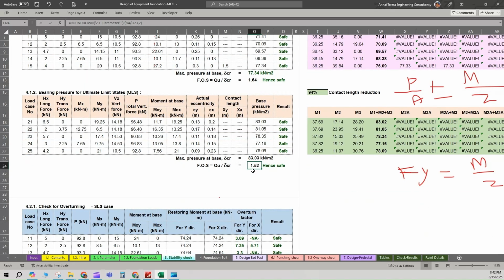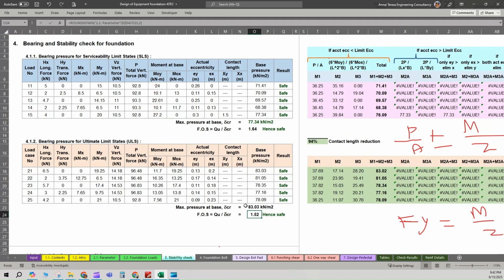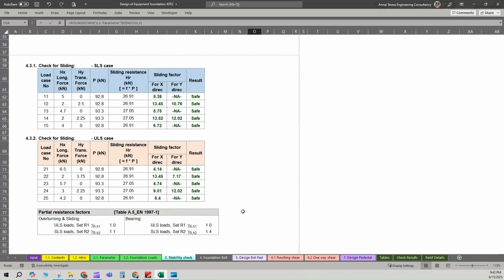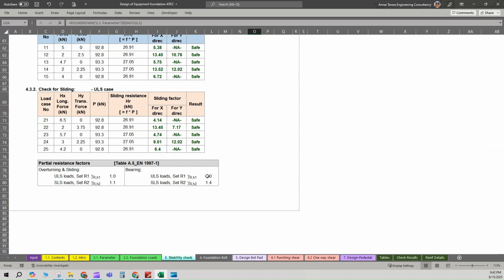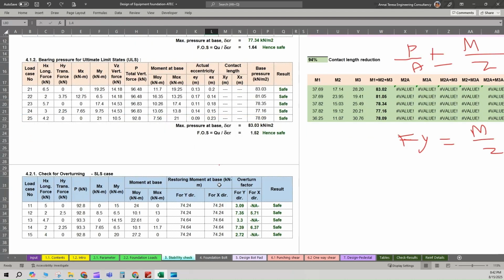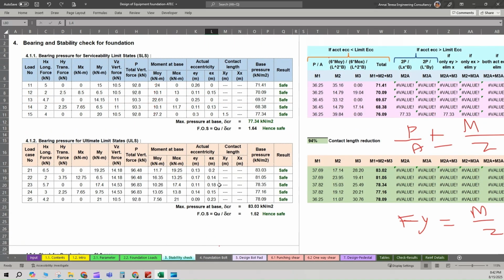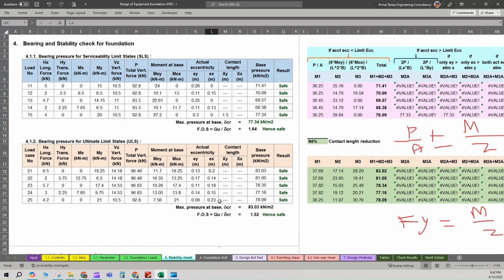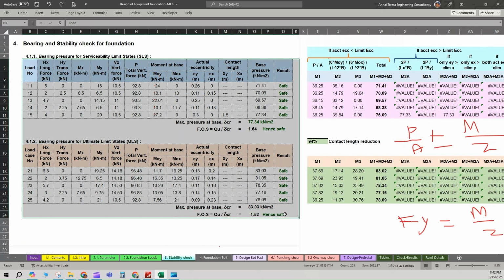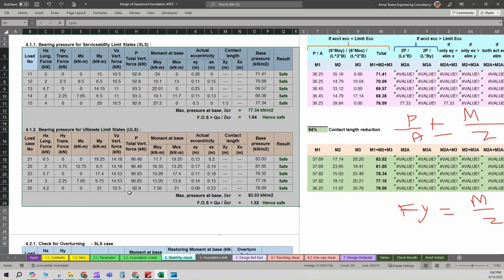All these cases are safe because the required factor of bearing pressure is 1 in ULS and 1.4 in SLS. Since this is more than the partial safety factor, all these are safe, and our foundation is safe in bearing pressure.